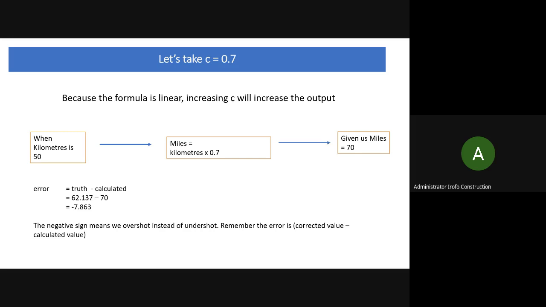Undershoot meaning if you calculate your error, it's better for the error to be positive than negative. So we rather prefer a positive error as compared to a negative error.